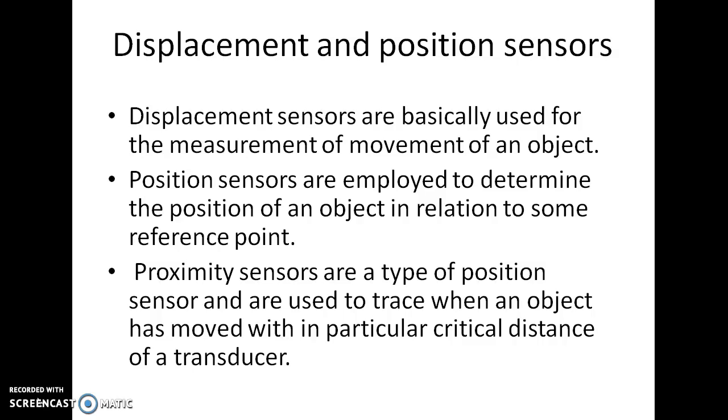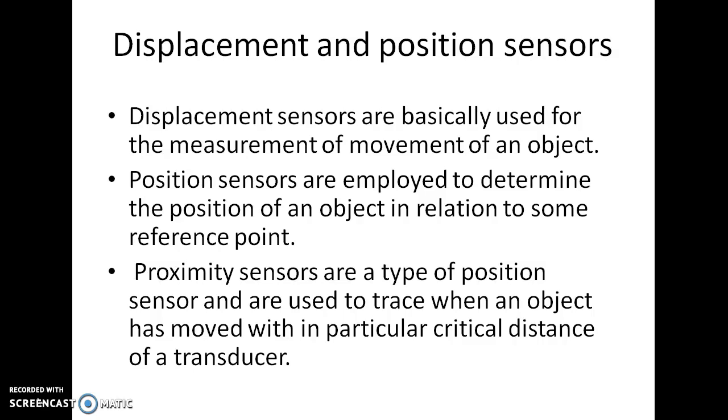Then due to any force, suppose any external force, it is displaced to another place. Suppose 5 meters from the previous place. So this 5 meter distance, means the distance between the previous position and the final position, is our displacement. That will be measured by a sensor. Then that is known as our displacement sensor.